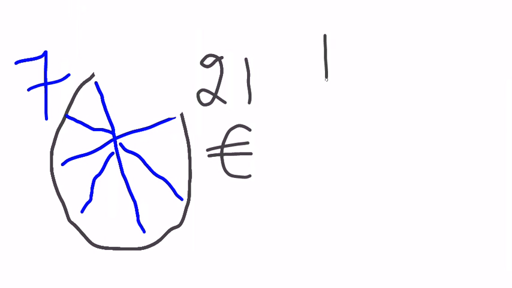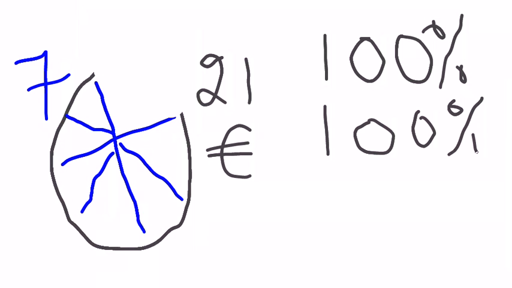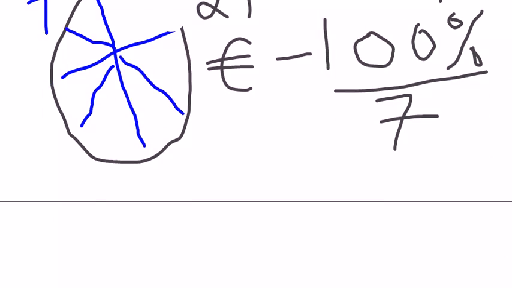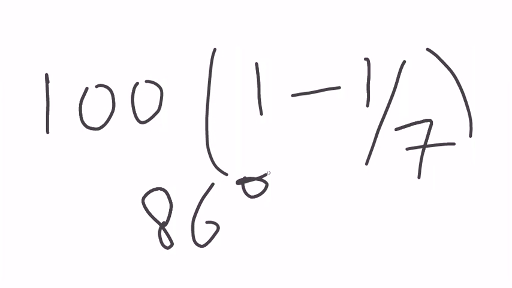It means that I had 100% of the pizza in the beginning, and then I ate away 1/7 of it, because it's 7 pies. So I would say 100, 1 minus 1/7. If I know that 1/7 is 14%, then I know that basically it is 86%, right?